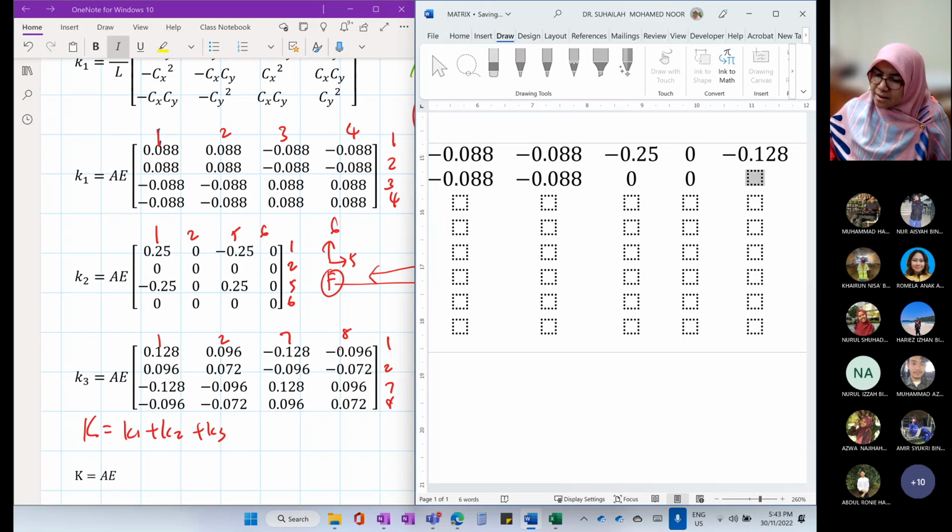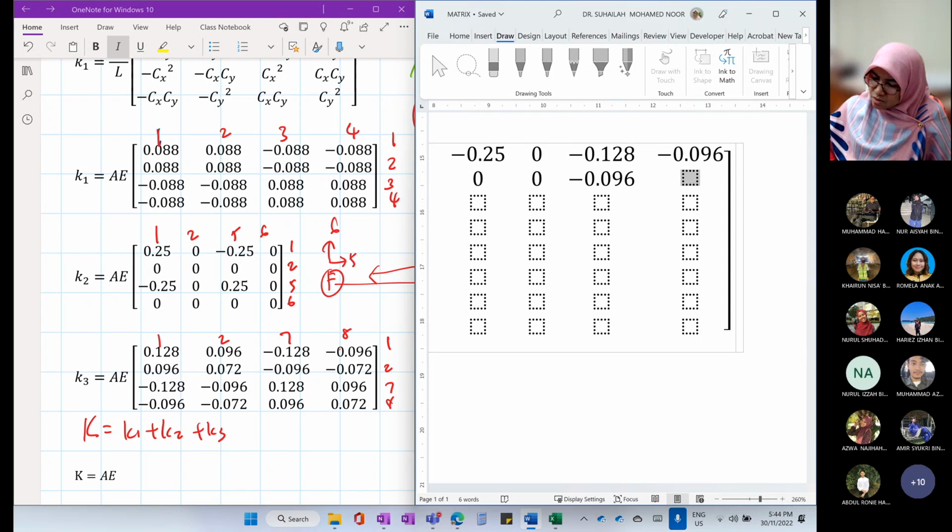Then 2,7 is negative 0.072, and 2,8. The 0.096 was for the earlier one, then only negative 0.072 here.